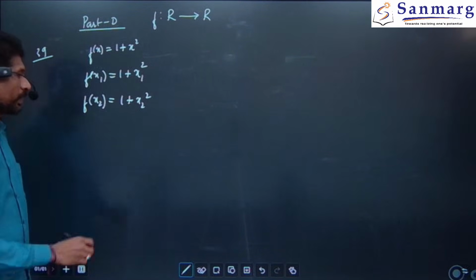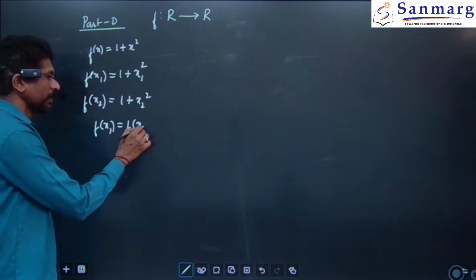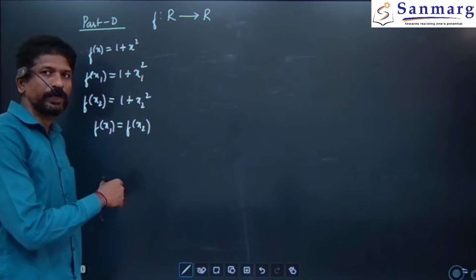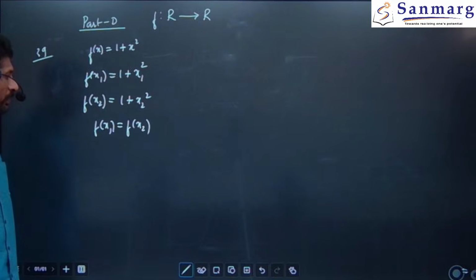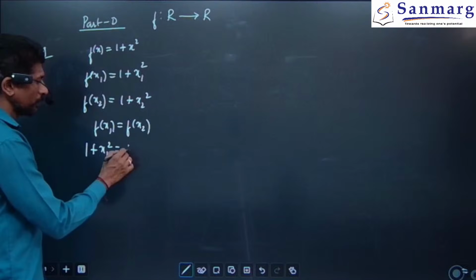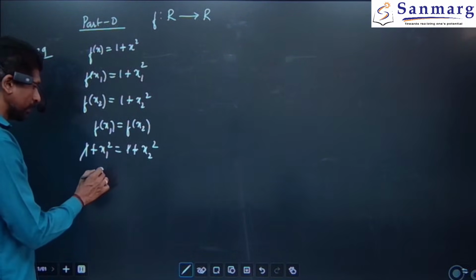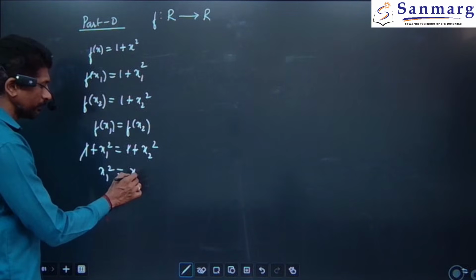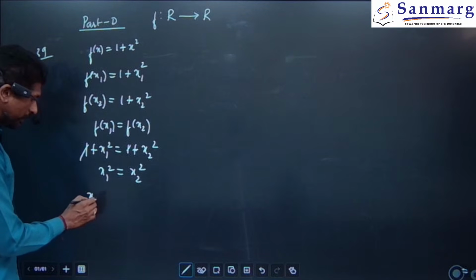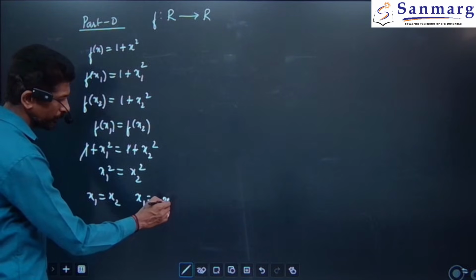In a one-one function, if f of x1 is equal to f of x2, then automatically x1 equals x2, meaning different pre-images have different images, so that becomes a one-one function. But here 1 plus x1 square equals 1 plus x2 square, so when you cancel, x1 square becomes x2 square. But there are two values here: one is x1 equal to x2, another is x1 equal to minus x2.